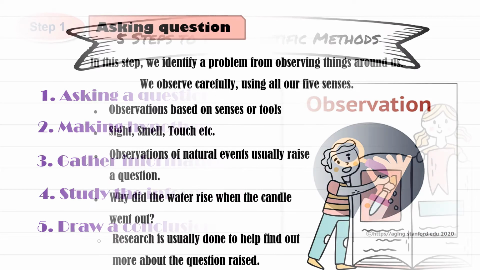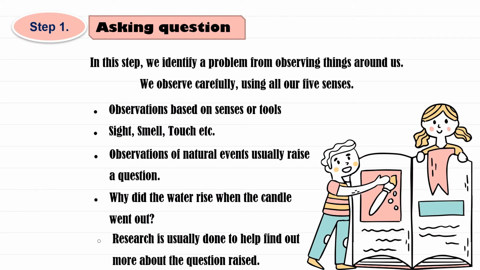Now, to the steps. First, asking a question. In this step, we identify a problem from observing things around us. We observe carefully using all our 5 senses.